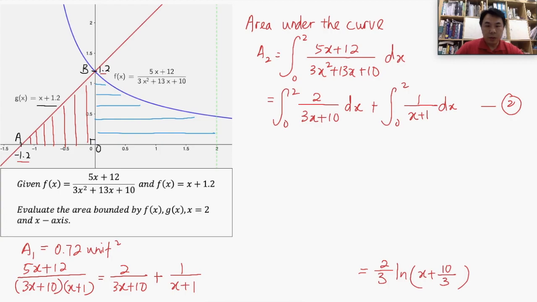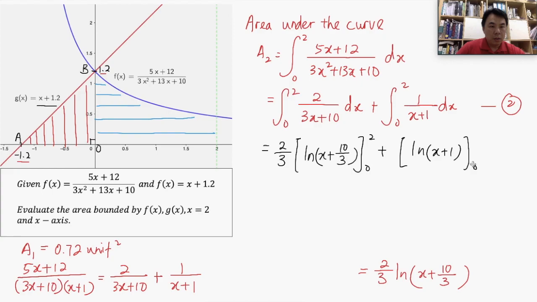After integrating, we have 2 over 3 ln x plus 10 over 3. Because this is definite integration, we will substitute the values in, with limits 0 and 2, and then thereafter it is basically just a numerical computation.